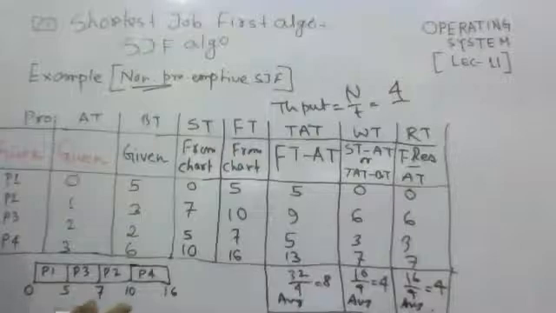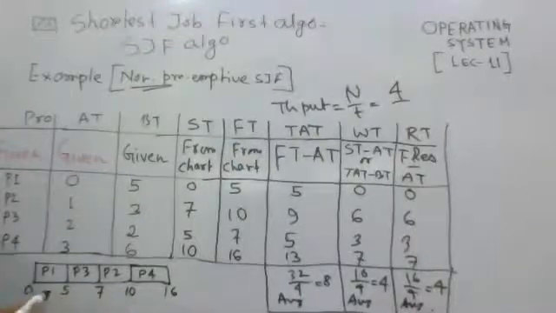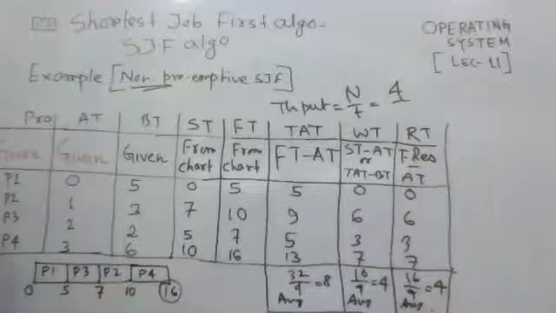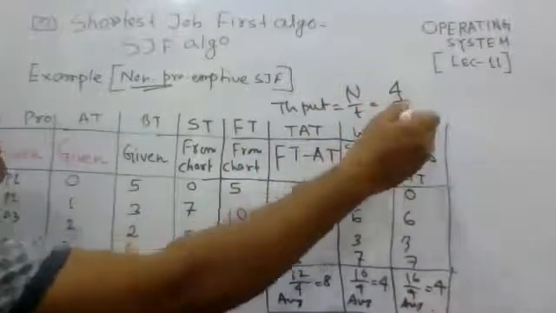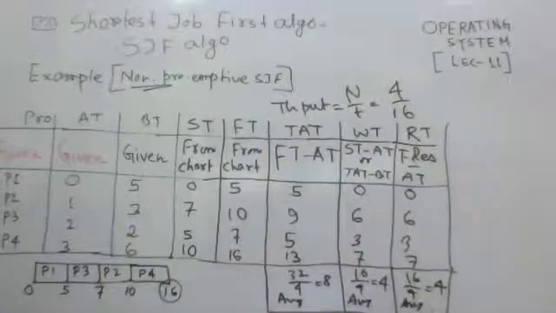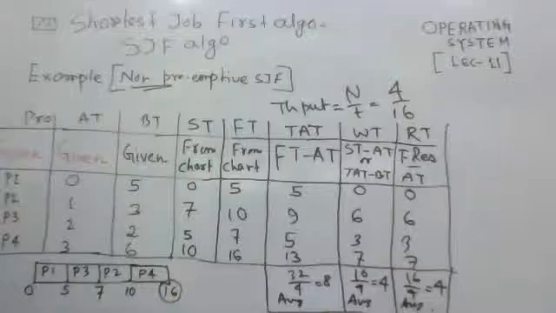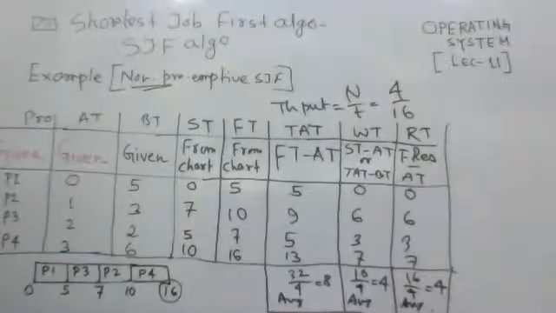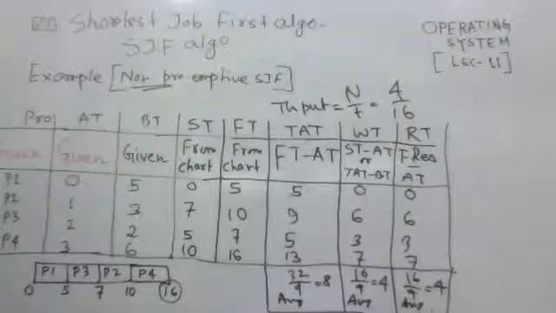We can see in this chart the total time is 16. So this is your throughput. So this is the non-preemptive SJF algorithm. I think this problem is very clear to you.